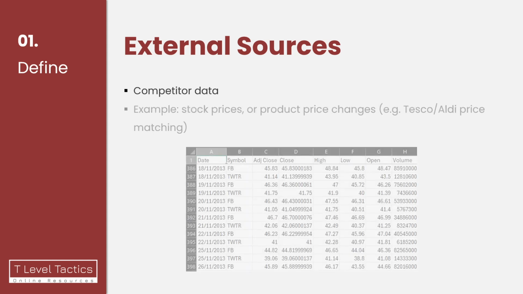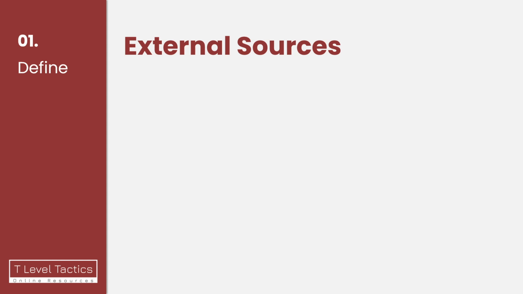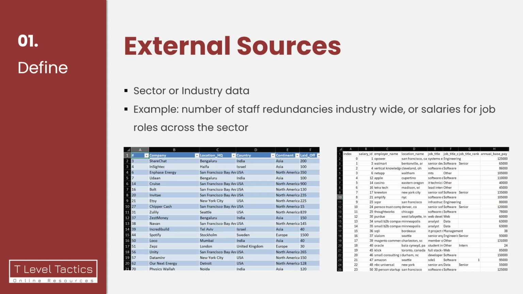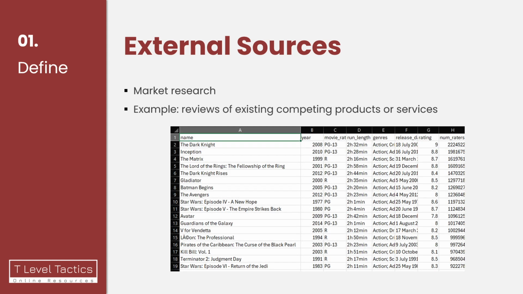Competitor data, like stock prices or product price changes. Think of the Tesco Aldi price match comparison thing that's going on in supermarkets at the moment. Could be sector or industry data. Could be looking at the number of staff redundancies, industry-wide, or salaries for job roles across a sector. Could also be market research, such as reviews of existing competing products or services.